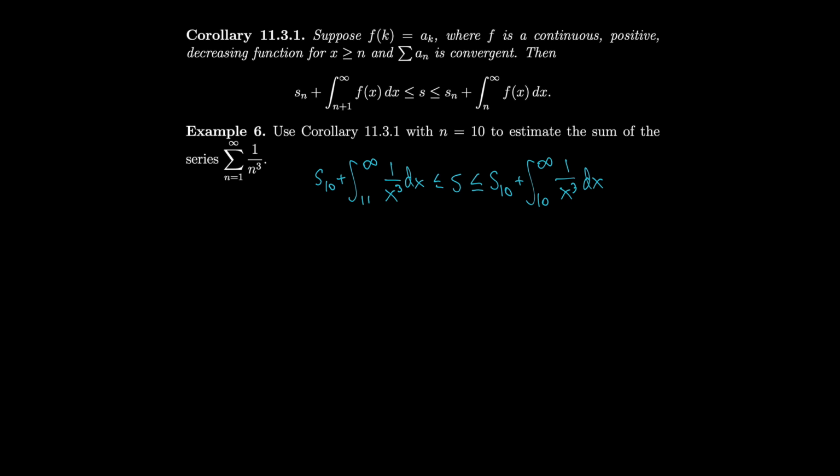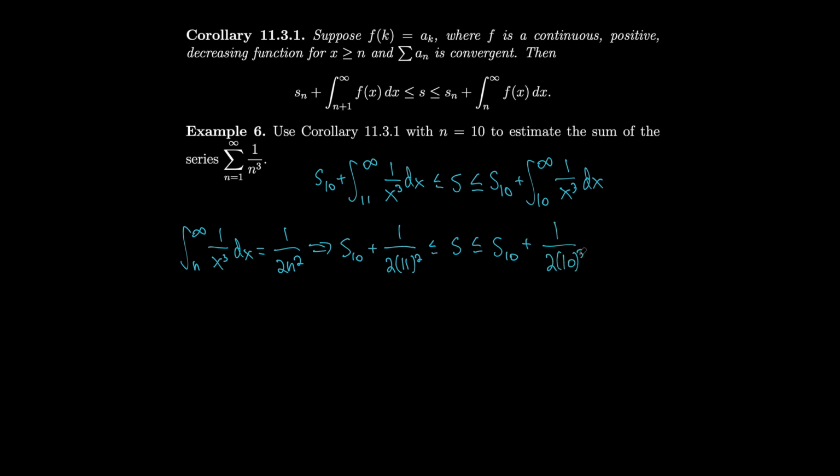So we already know that the integral from n to infinity of 1 over x cubed is 1 over 2n squared. So that means that s10 plus 1 over 2 times 11 squared is less than or equal to s, which is less than or equal to s10 plus 1 over 2 times 10 squared.